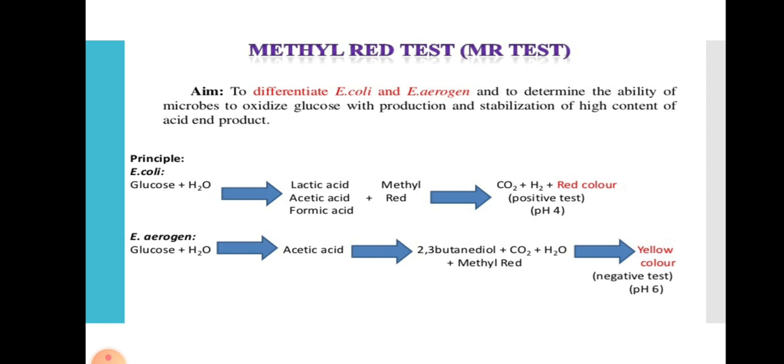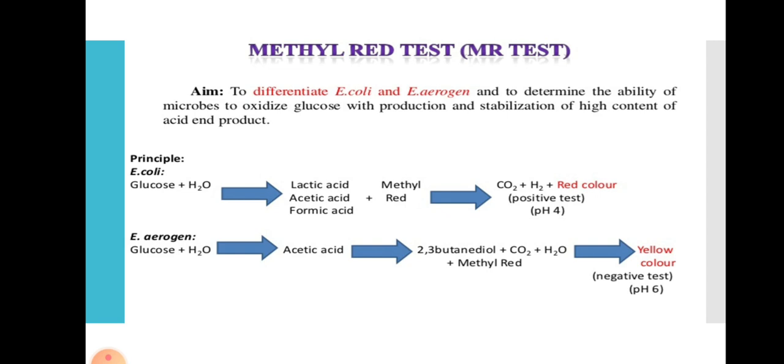In these tests, if an organism produces large amounts of organic acids like formic acid, acetic acid, lactic acid and succinic acid from glucose, the medium will remain red, a positive test, on addition of methyl red, a pH indicator.